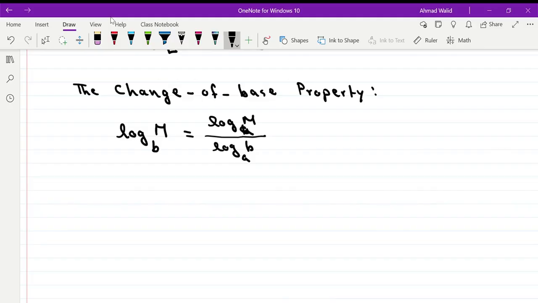Remember that there is a formula by the name change of base, correct? I'll stop the lecture here and see you all next time in section 4.4, which we will discuss exponential and logarithmic equations. They are really, really interesting. I will discuss it with you in section 4.4.